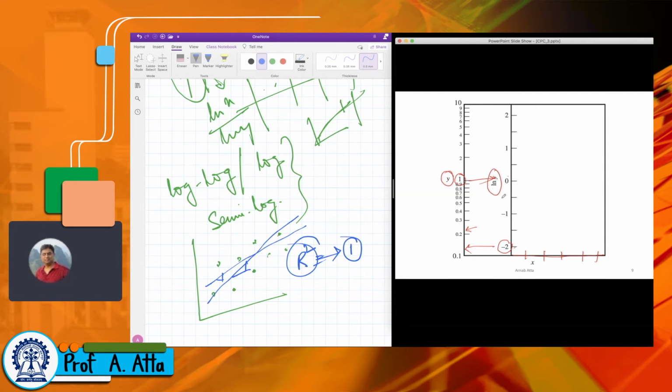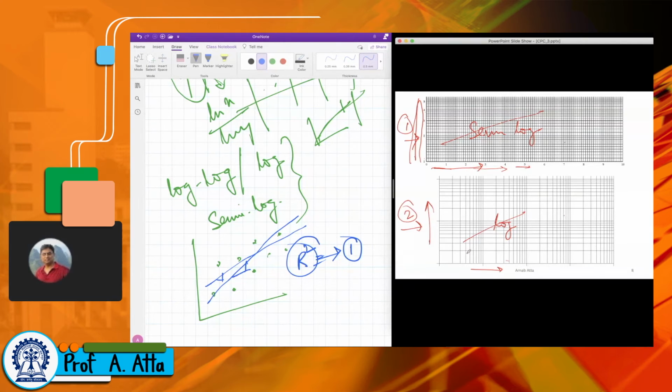And that is why in a log plot, whichever axis is logarithmic, you cannot start by putting 0 values. There will not be a 0 value.